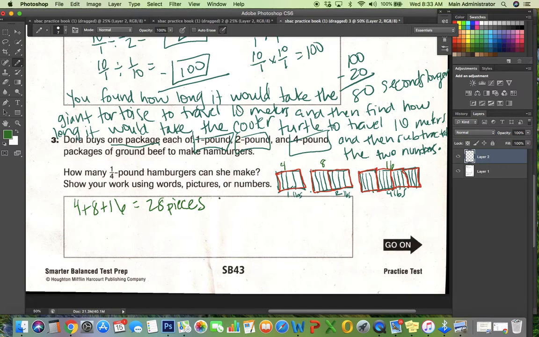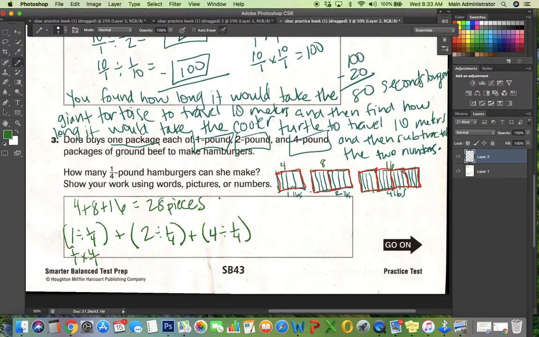If I wanted to use numbers, I could go 1 divided by 1/4, plus 2 divided by 1/4, plus 4 divided by 1/4. Okay, and let's see what I get. Keep 1/1, change, flip.